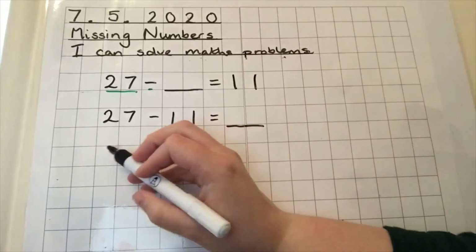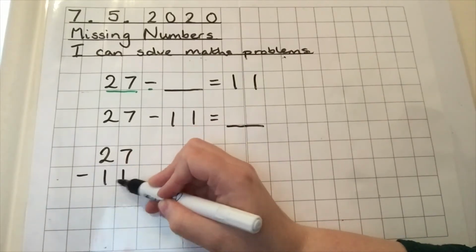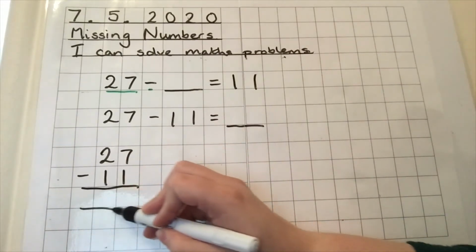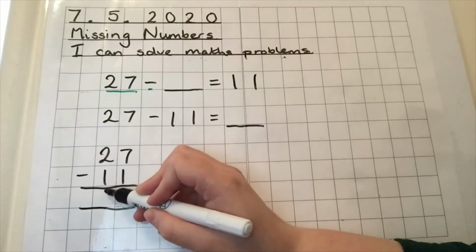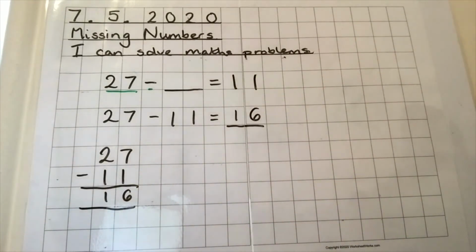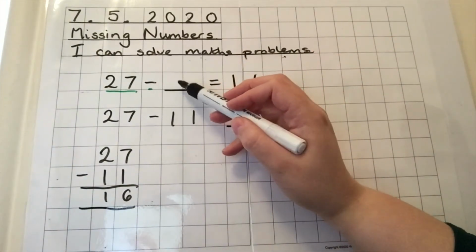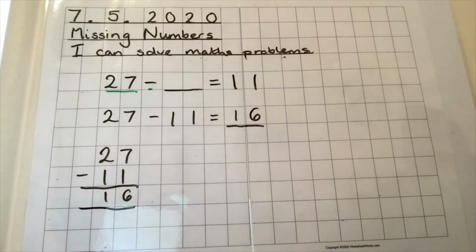And then I can do my chimney sum. And I end up with the answer 16. So that's what we would do if the missing number is after the minus, if it's in the middle.